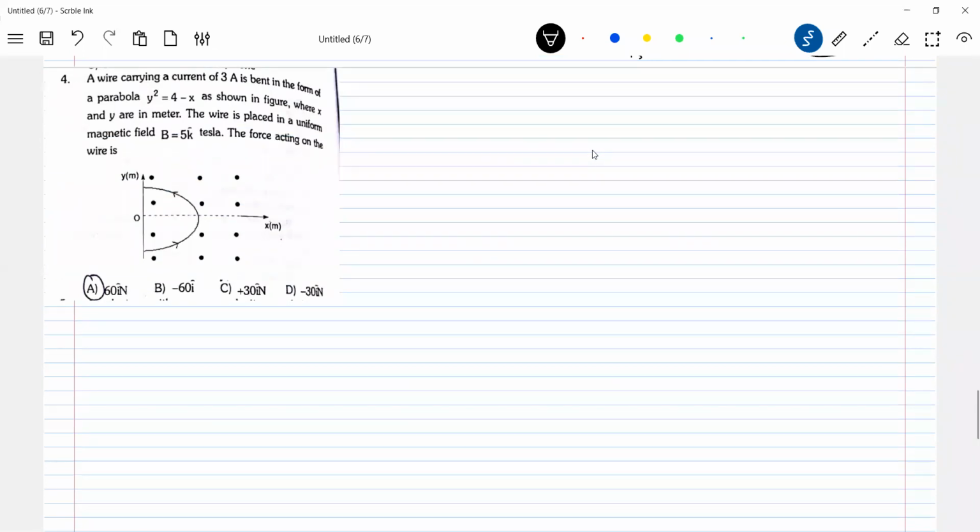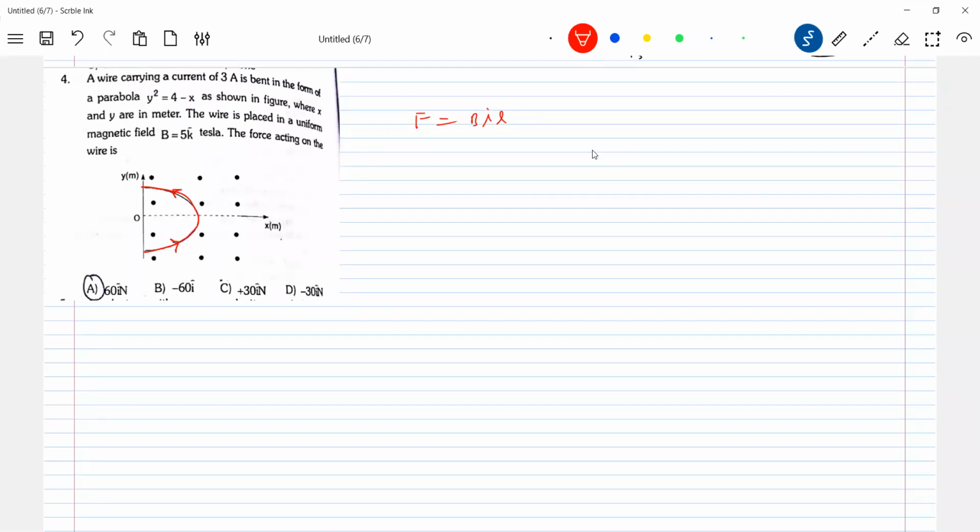Take this one. So what is a current carrying loop? This is a current carrying loop. I think we should not bother about anything else, no? What is the force acting on it? F equal to BIL. What is L? Effective length.